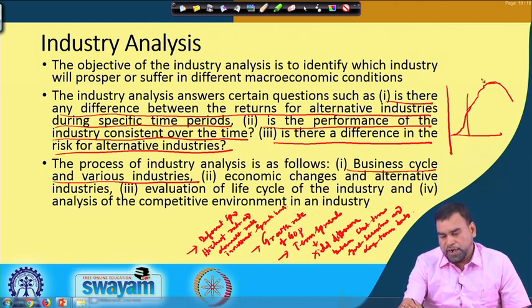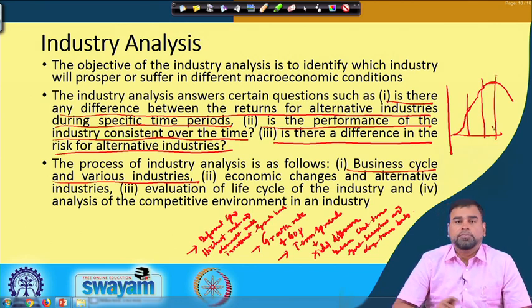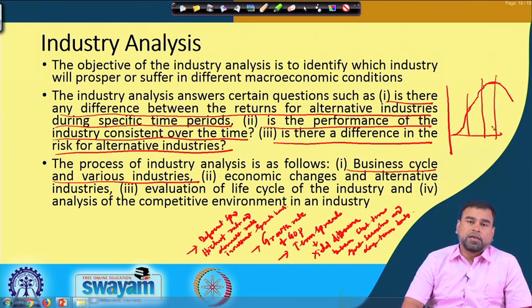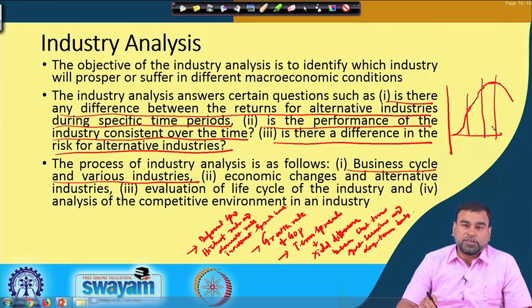So, there are certain stages we always observe in an industry cycle. Whenever we are choosing a particular industry, we have to see which phase that industry is in: whether it is in the mature stage, the steady state, or the infant stage.